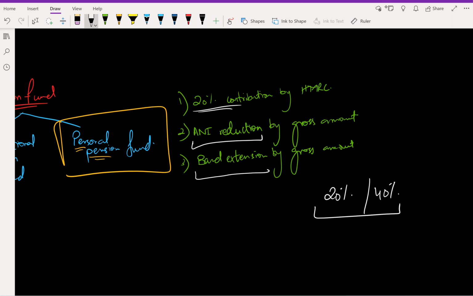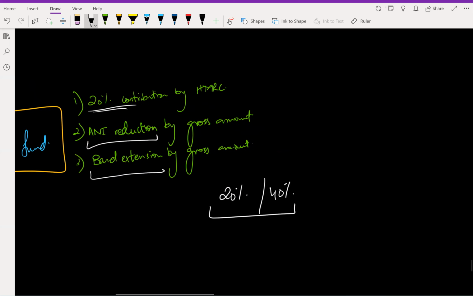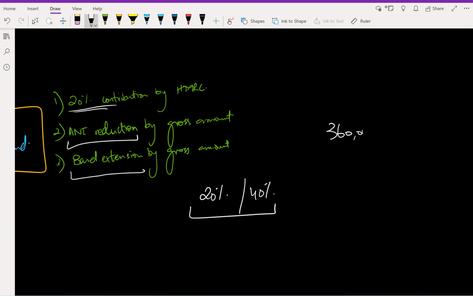Now, if you're earning 30,000 gross on a monthly basis, you're actually earning 360,000 pounds per annum. So you definitely fall in the additional rate band, assuming this becomes the taxable income as well. Just because you've got 4 kids, you won't have enough money to save or invest in the pension fund, which would allow you to extend your band or reduce your ANI. So you lose your personal allowance as a result.